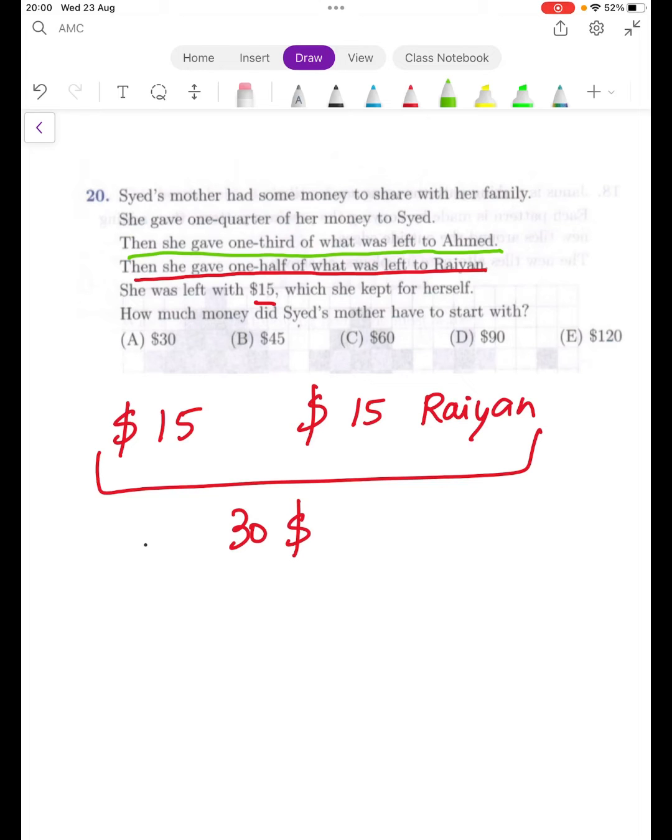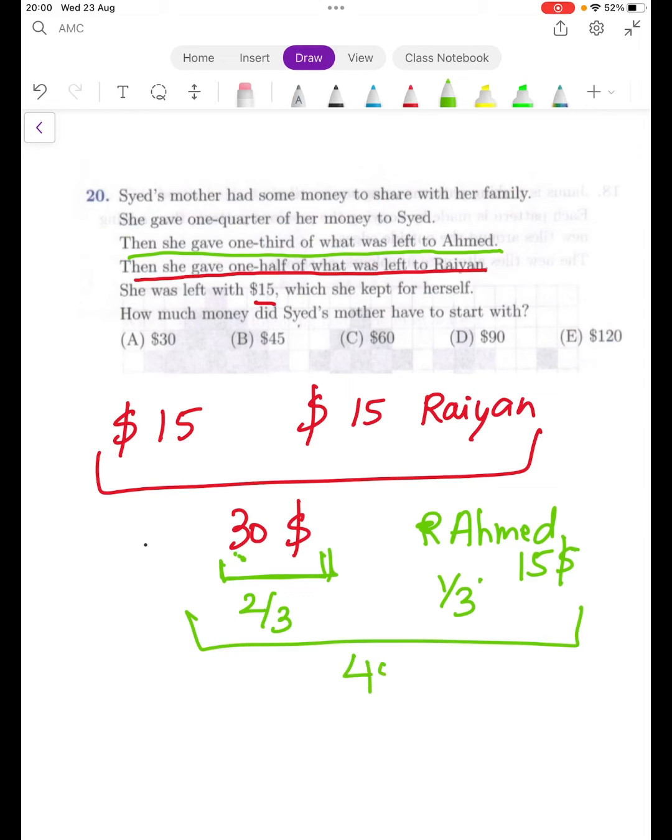So this was the 2/3, and 1/3 has gone to Ahmed. If this is 2/3, 2 portions out of the 3 equal portions, that means 15 and 15, and that must be 15 as well. So before this step, she had $45.